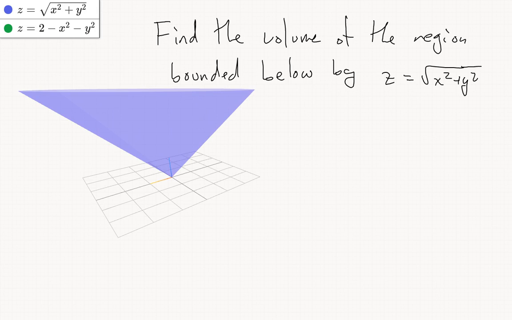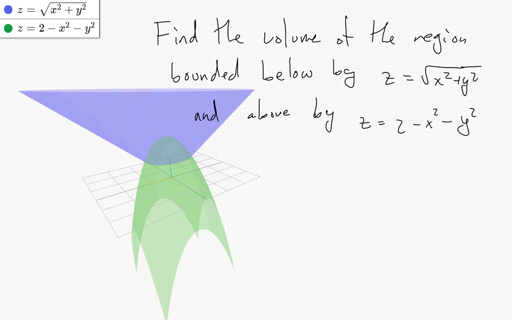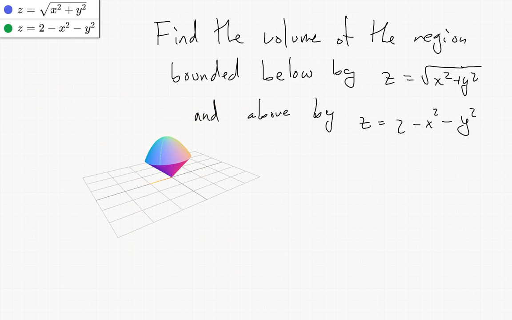So that's this cone. And above by the paraboloid z equals 2 minus x squared minus y squared. So here's that paraboloid. And so the shape whose volume we're trying to find is this shape.